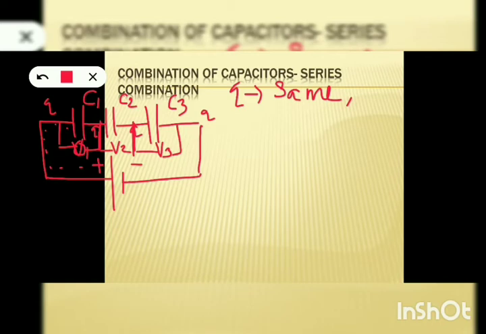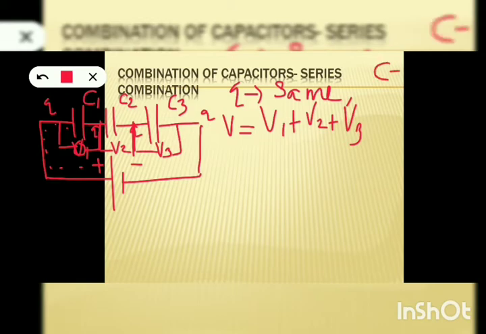Then what will be the total potential difference? Total potential difference V will be the sum of the potential differences of all the three capacitors, that is V1 plus V2 plus V3. Now we know the general equation, capacitance C is equal to Q by V, right?